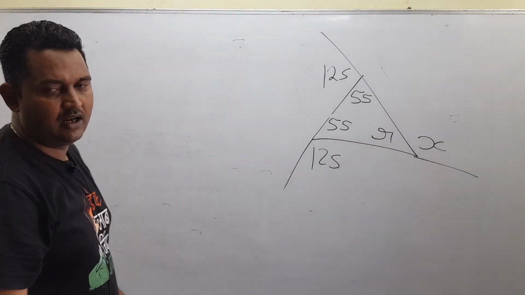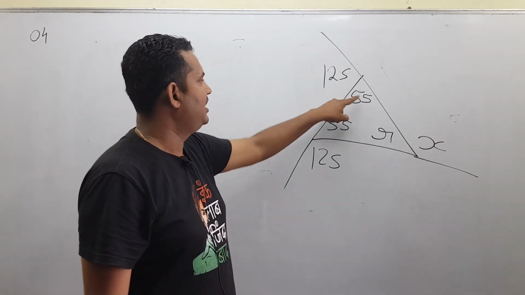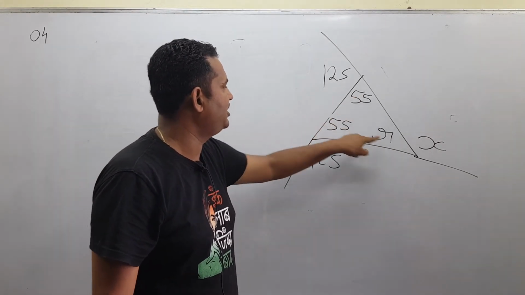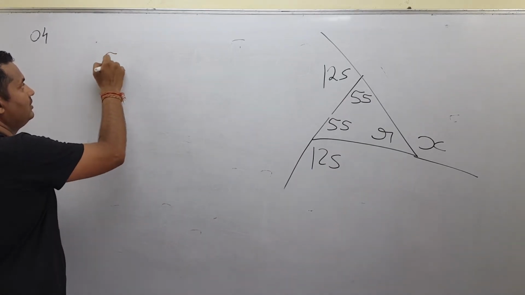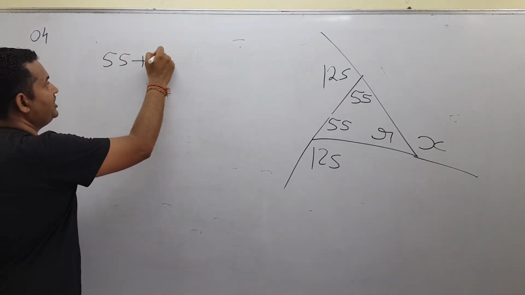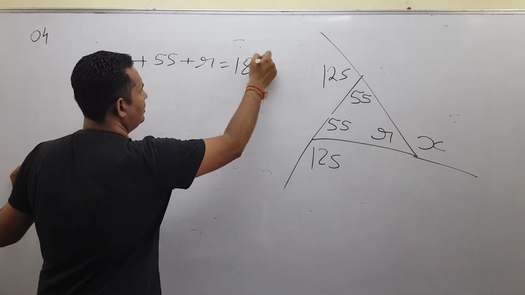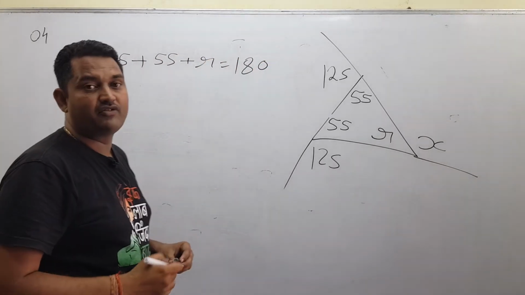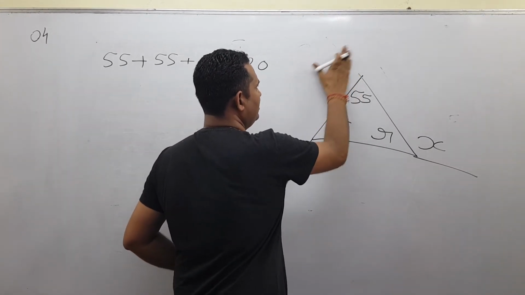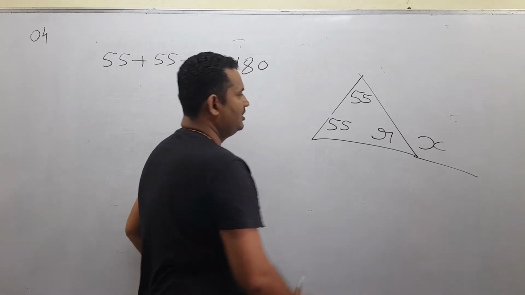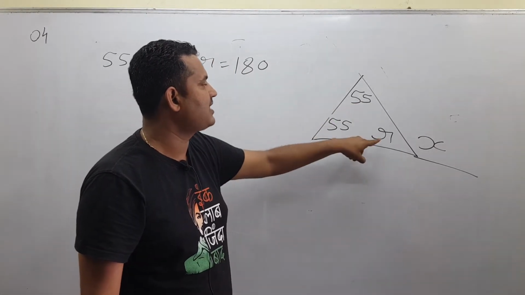In a triangle, what is the sum of all the three interior angles? You all know that in a triangle, the sum of three interior angles is always equal to 180 degrees. Forget the other angles, just see the interior angles of the triangle: 55 plus 55 plus r.